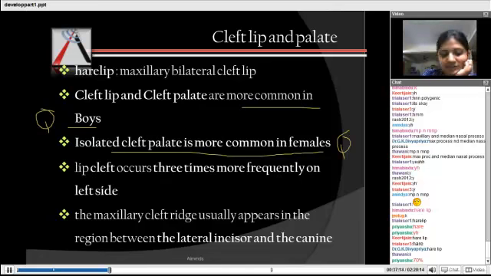Cleft of the lip is 3 times more frequently seen on the left side. MCQ again. There was something else that we saw on the left side more common. What was that? Can all of you hear me?